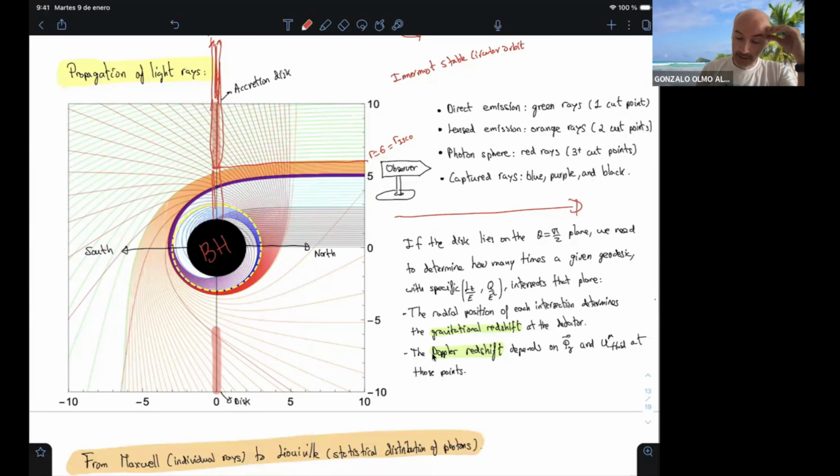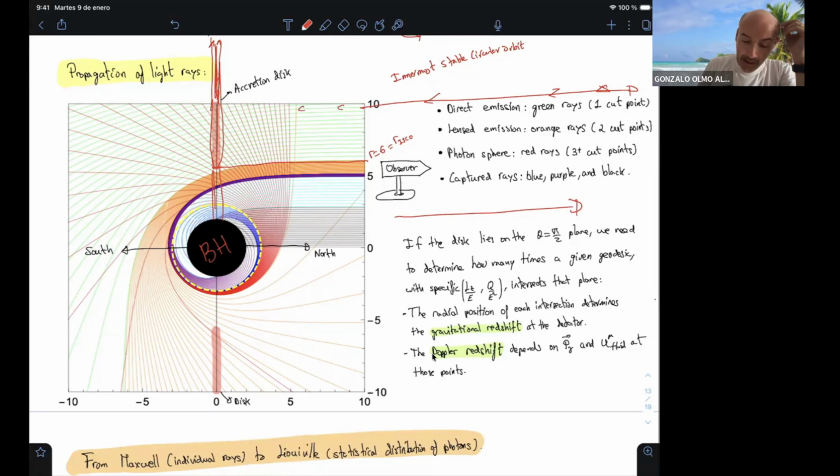This green geodesic, for instance, comes from very far away in that direction. Actually I'm propagating it backwards, this is part of my numerical integration. So that light ray is propagating like this.